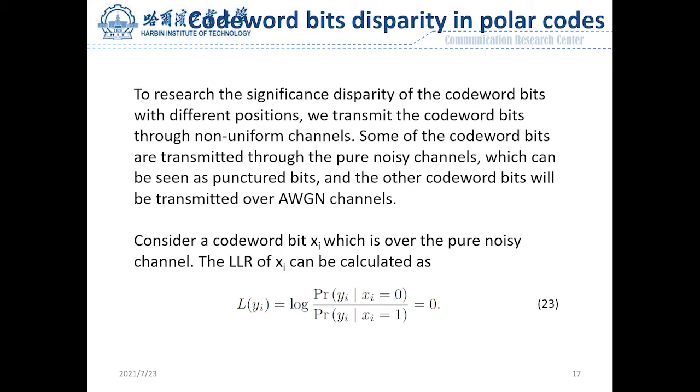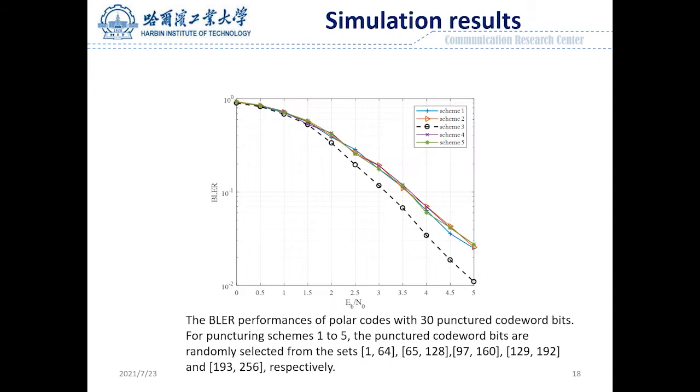The LLR of x_i can be calculated as equation 23. To show the various significance disparity of codeword bits in polar codes, we use punctured bits to equalize the codeword bits transmitted over the pure noisy channels.